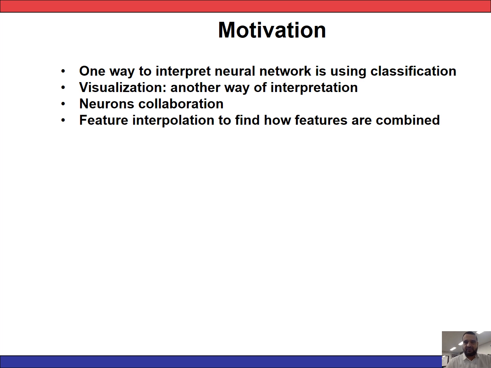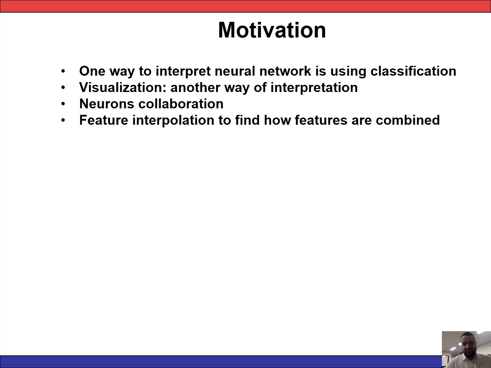And secondly, we also want to find the collaboration, how those neurons collaborate with each other to give the final results. Similarly, if the neurons are collaborating with each other, then it must have some interpolation capabilities, and this interpolation finds how features are combined. Interpolation is only possible if the features show some relation with each other.